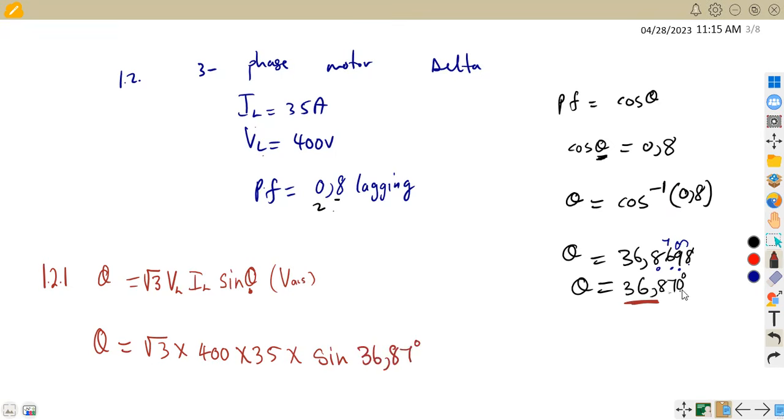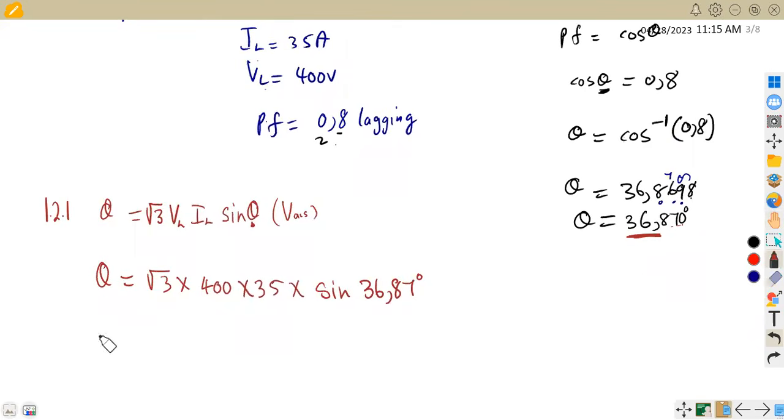The 870 after the comma is the same as 87 after the comma, one and the same thing. Make sure that your calculator is in degree mode.